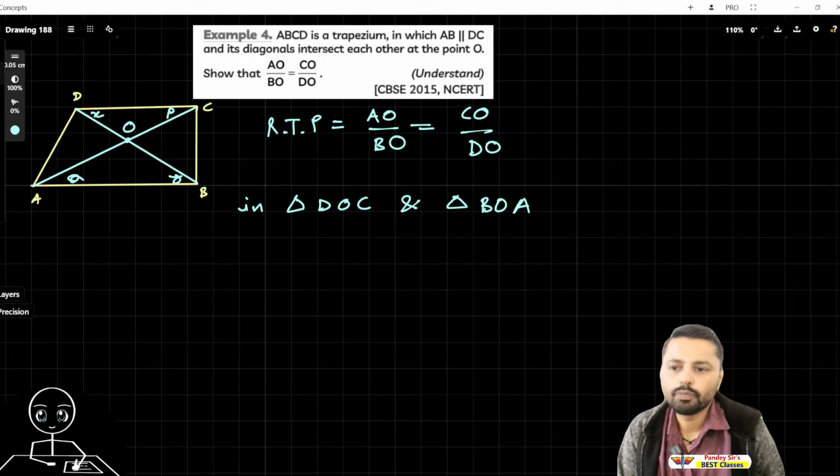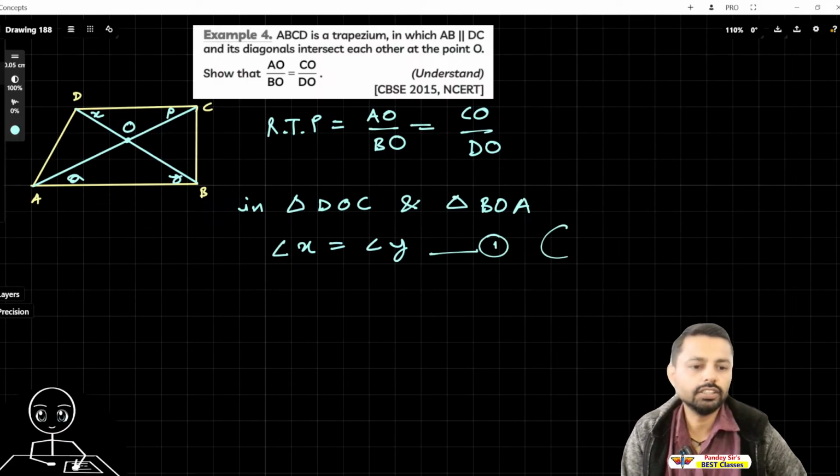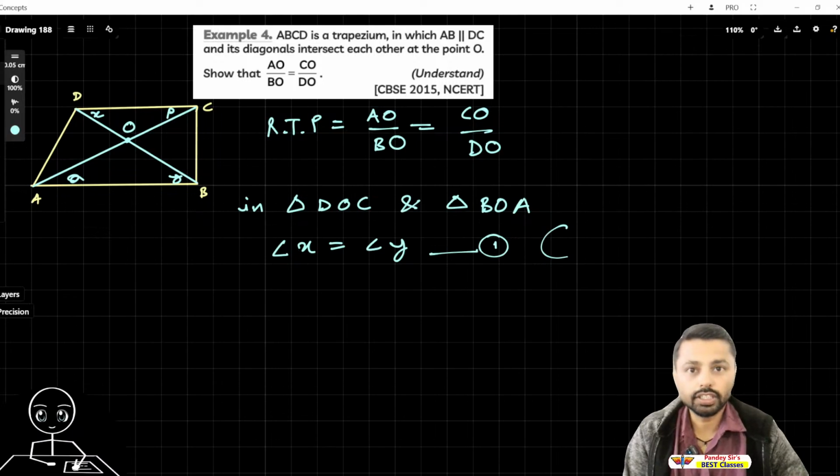Now, we can say angle X equal to angle Y. Okay. Reason, it's number one, and reason: alternate interior angles.